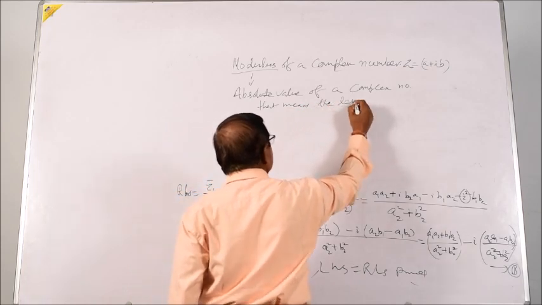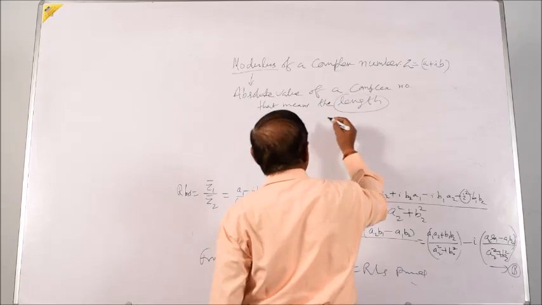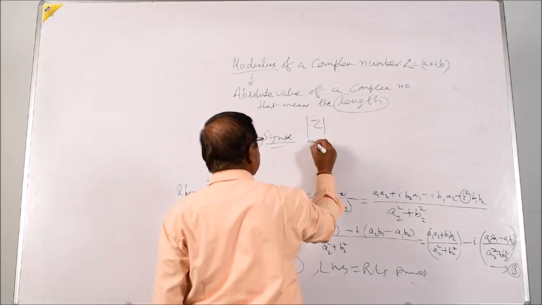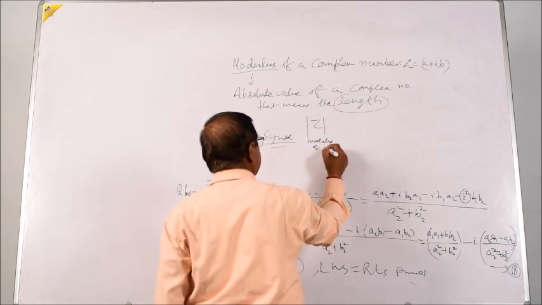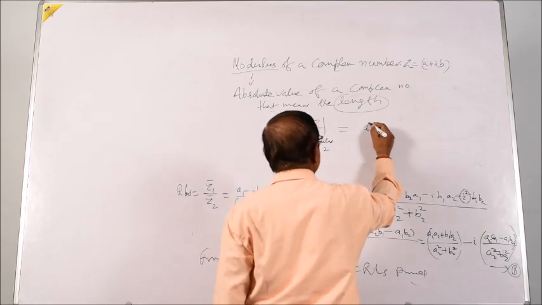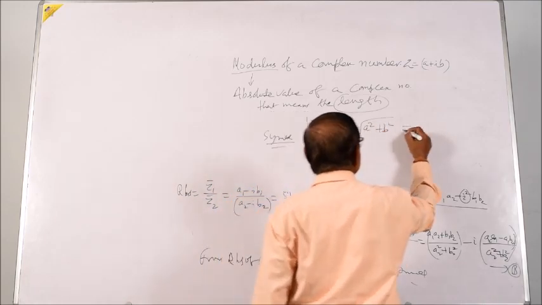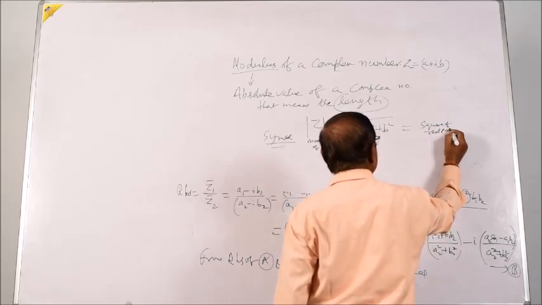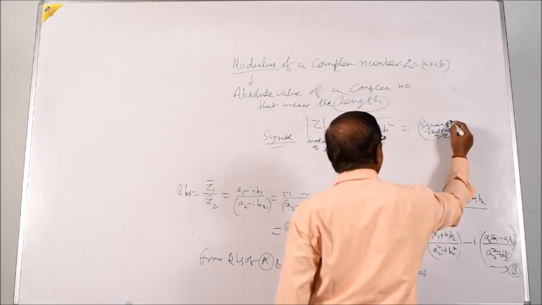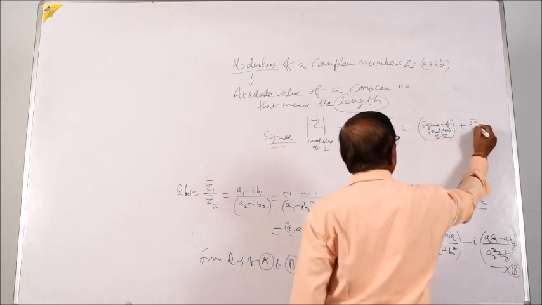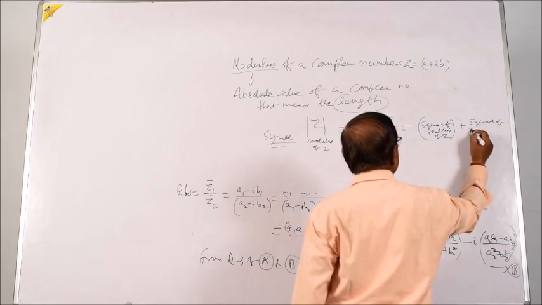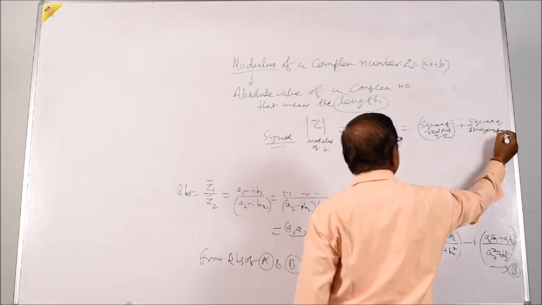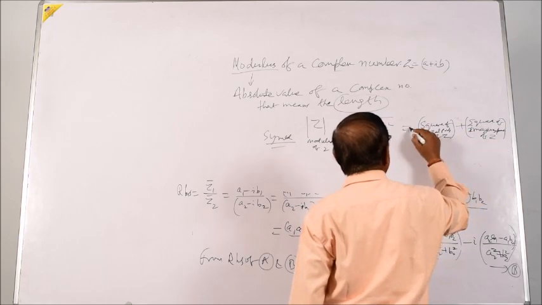The symbol is like this: mod Z, the modulus of Z, which is equal to the square root of a square plus b square, that is, the square of the real part of z plus the square of the imaginary part of z, root.